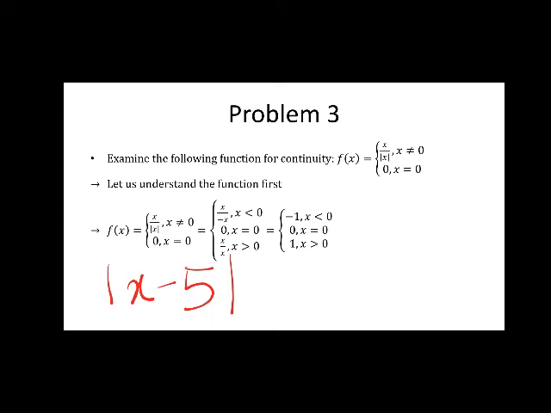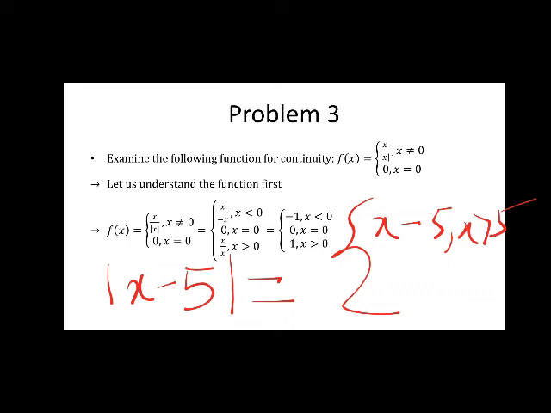So therefore, I am sure that this function has got a branching. This function has got a branching at x equals to 5, and so it will be x minus 5 when x is greater than 5, right?